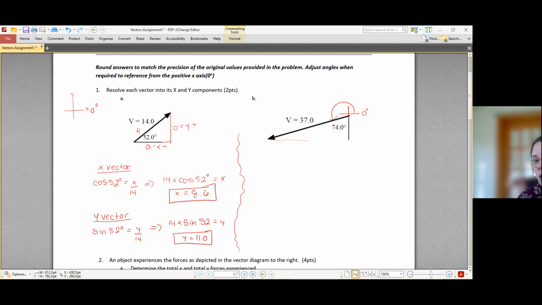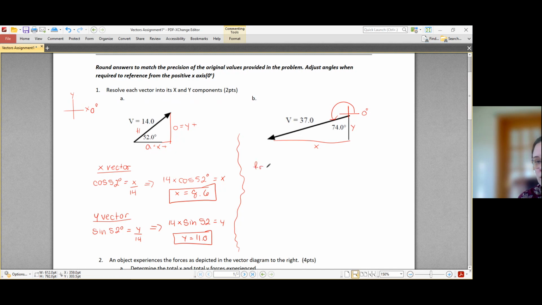So just to help anybody using that method, sorry, my lines aren't very straight. Y is the vertical, y to the sky. X is horizontal, x is across. So if you're using the 74 degrees, you're going to have to actually stop and think, is my cosine x or my sine x? I'll give you that answer in a minute, but first we'll do reference from 0, what we get from our x vector.